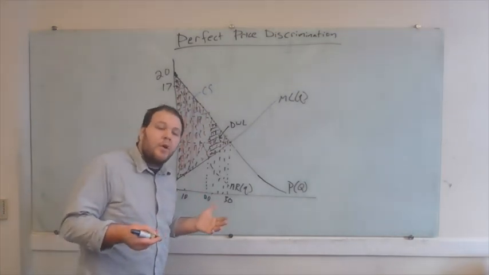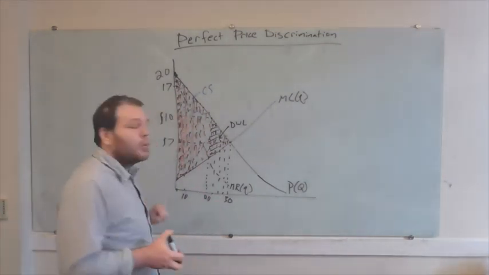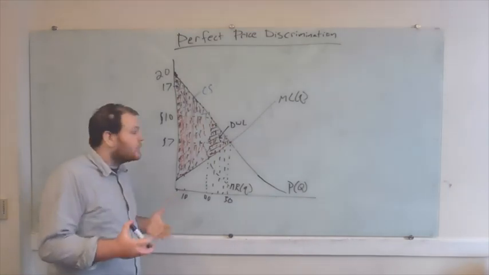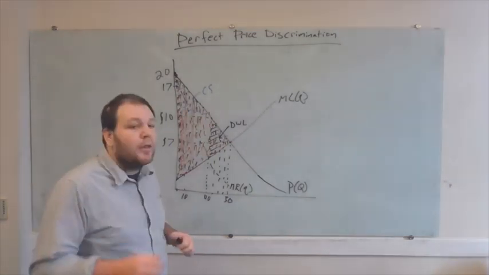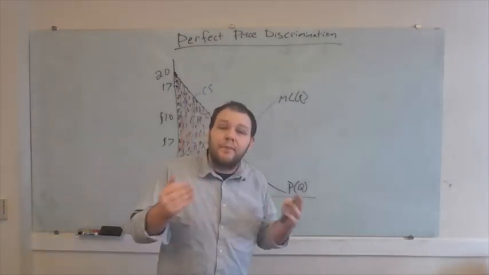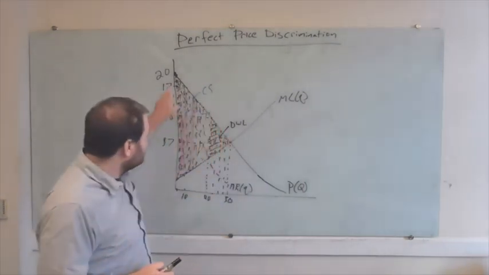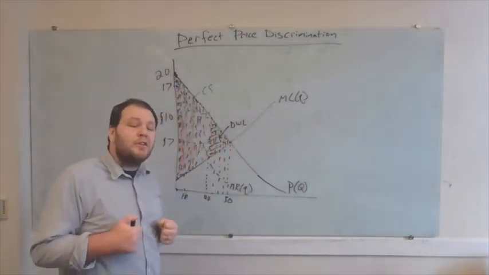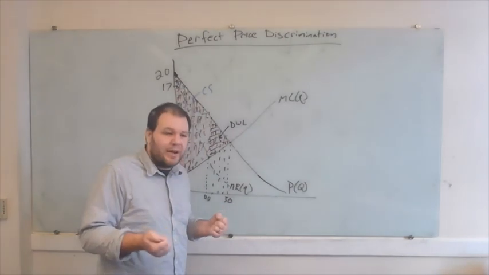So this requires massively more information about your consumers than does a normal single price strategy, where you need to know the shape of your demand curve, but you don't need to know the identities of the people demanding your products.